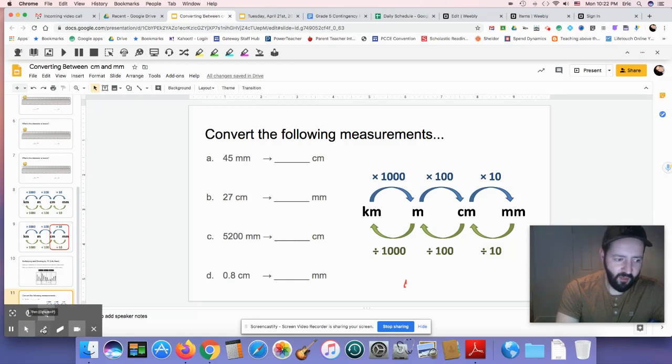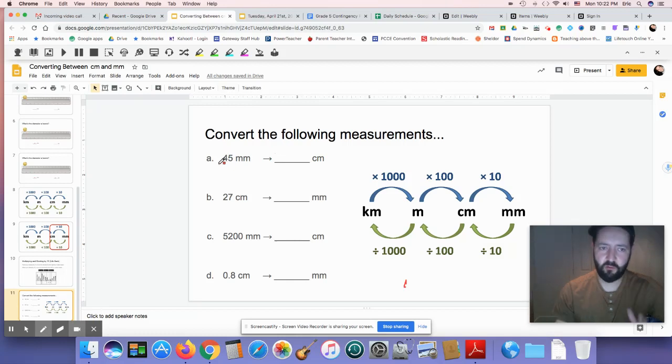And because of that little life hack trick that I showed you, we're going to take these two digits here and shift them to the right by one place value, which means my 10's place value is going to end up in my 1's place value. And then we have a decimal. And then the 1's place value is going to end up as a decimal in my 10th place value there. Okay, so 4.5 centimeters.